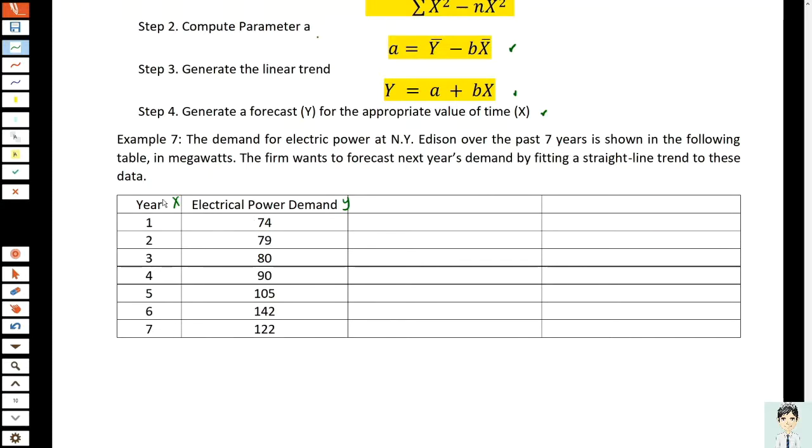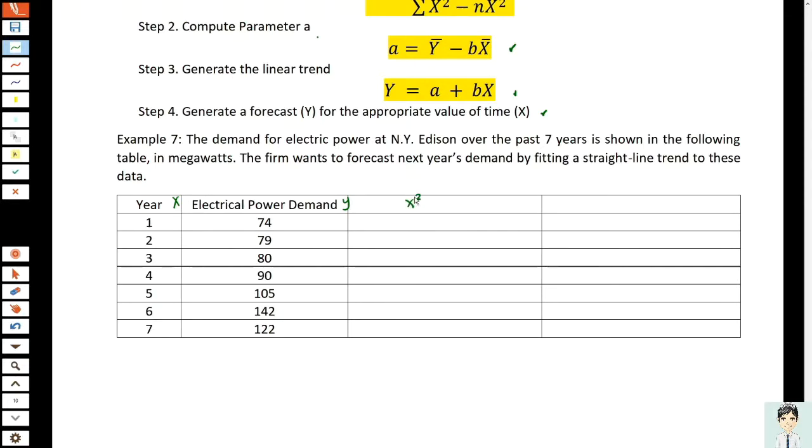Okay po. As you can see naman, diba, the electrical power demand through the years, diba? I mean, from year 1 to year 7, yung demand dito is nag-i-increase. Kung titignan natin, diba? May trend.